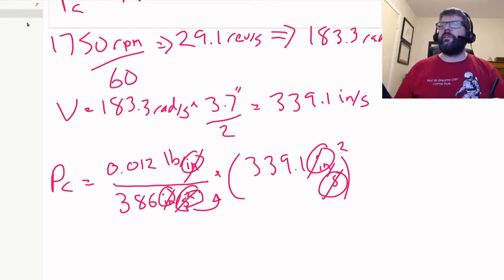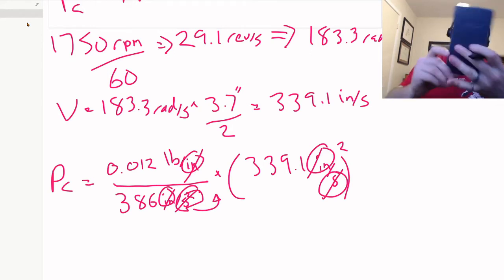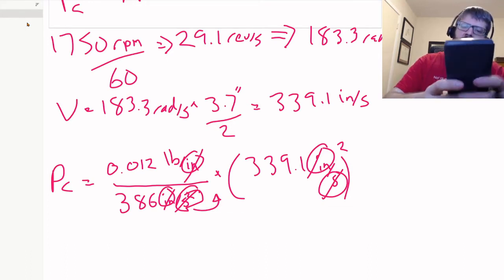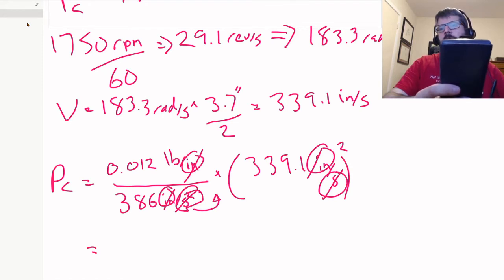So that cancels out. We're left with pounds as our final result. So 0.012 divided by 386 times 339.1 squared. That'll give us 3.6 pounds.